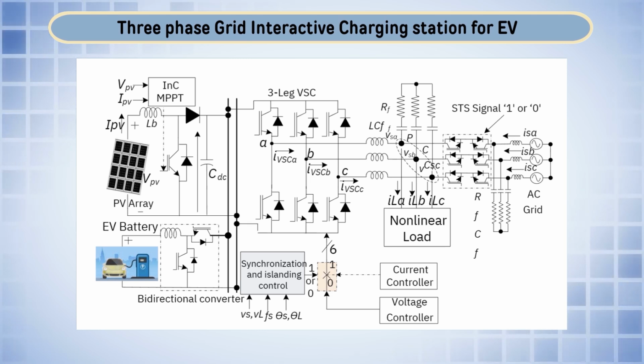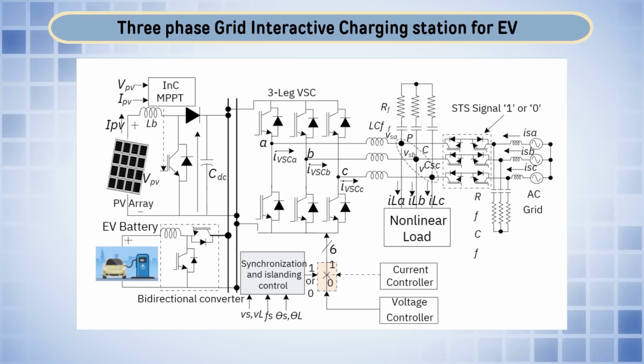After getting power at the DC bus CDC, the power is converted into AC by this 3-leg voltage source converter, and this converter is operated in current control as well as in voltage control, depending on the availability of the grid. If there is any fault, it will operate in voltage control, and the transition of controls will be taken care of by the synchronization and islanding control.